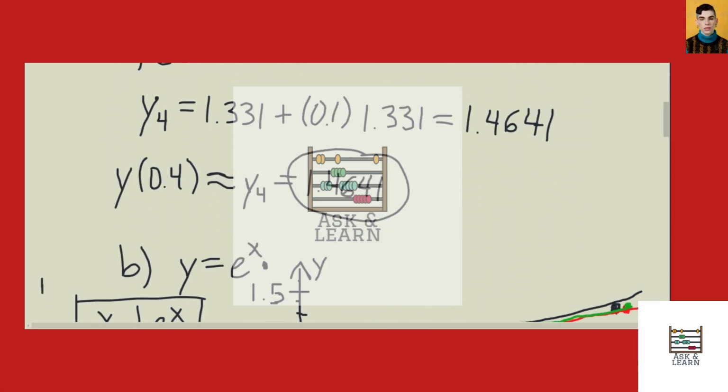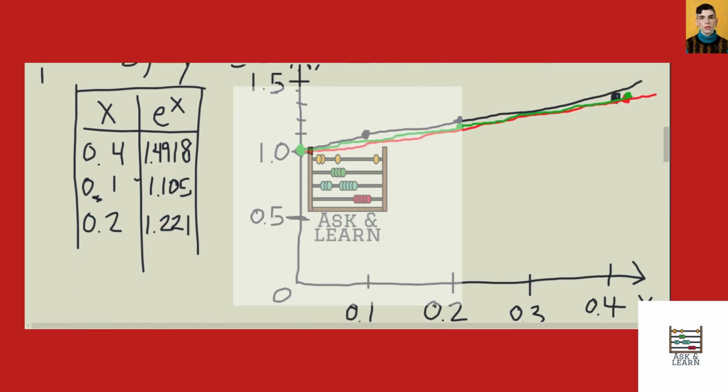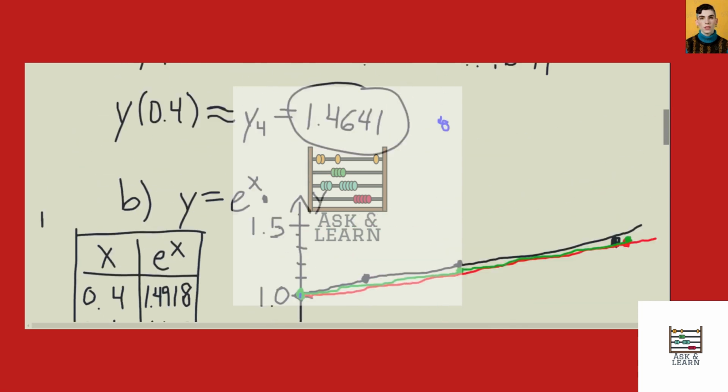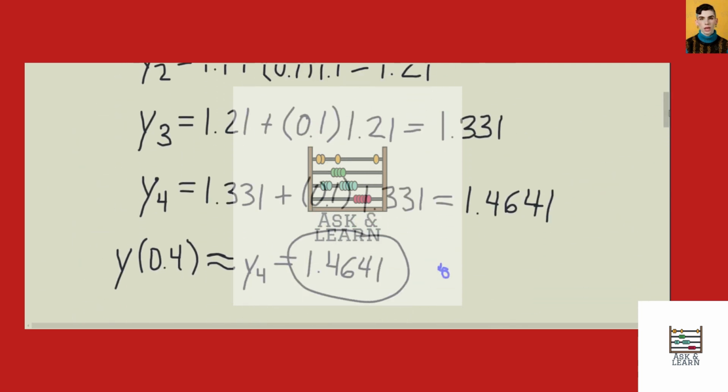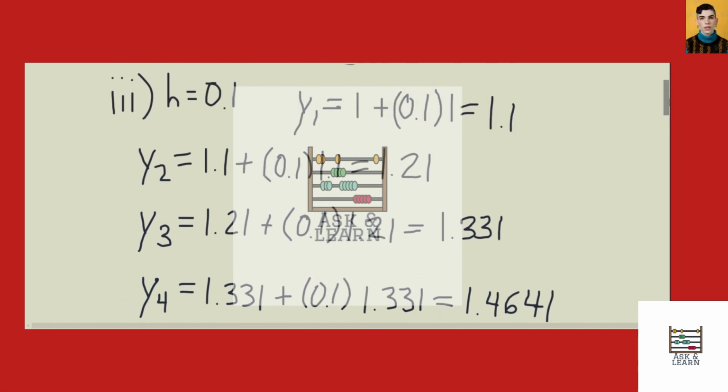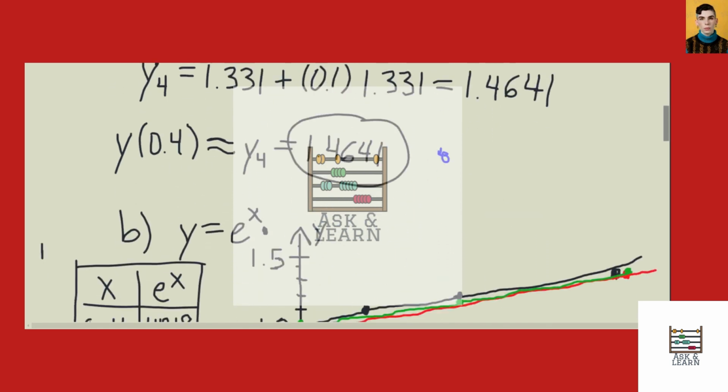And finally, to graph our estimate from part 3, I'll draw this in blue. We have again that the point 0, 1 lies on this estimate. We also have the point x1, y1 is the point 0.1, 1.1.